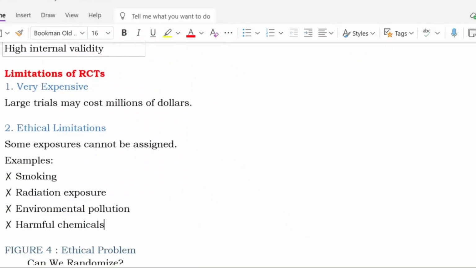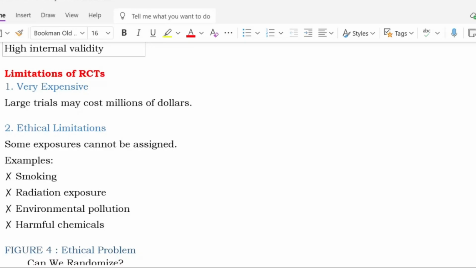While what are the limitations? It is very expensive. Large trials may cost millions of dollars. Then there are certain ethical limitations. Some exposures cannot be assigned. You cannot make participants get exposed to smoke or make them smoke. So there are ethical limitations, like smoking, radiation exposure, environmental pollution, harmful chemicals.